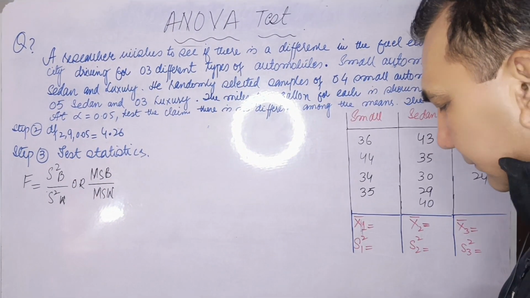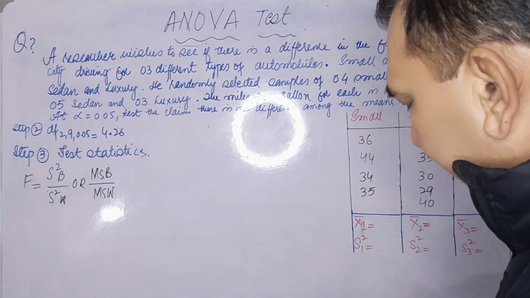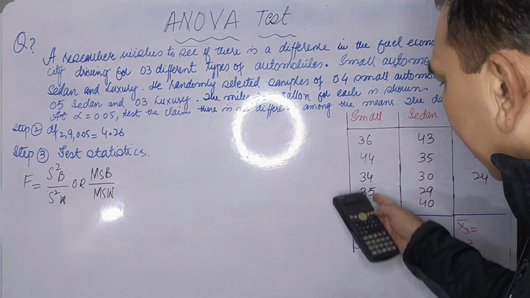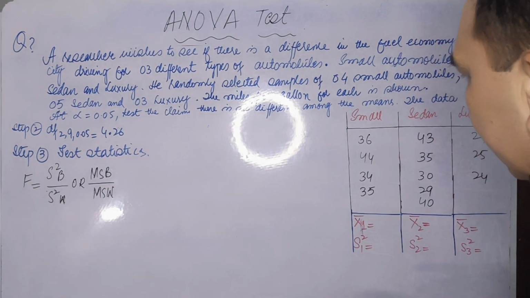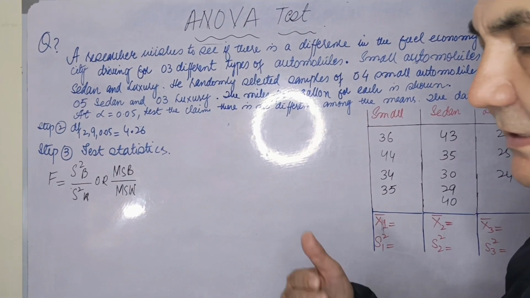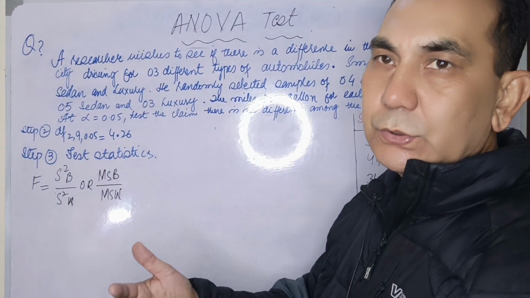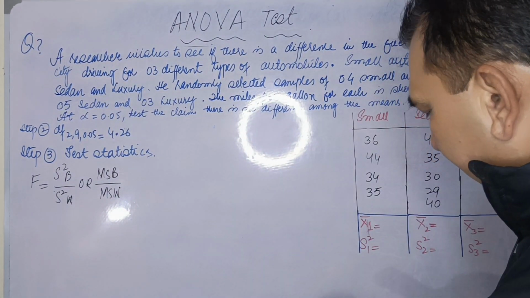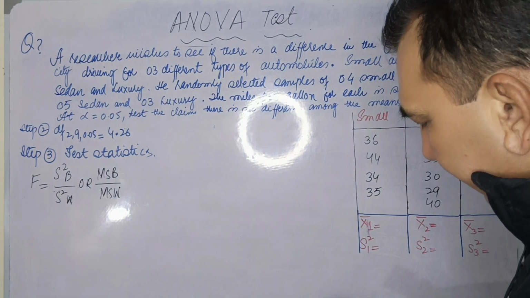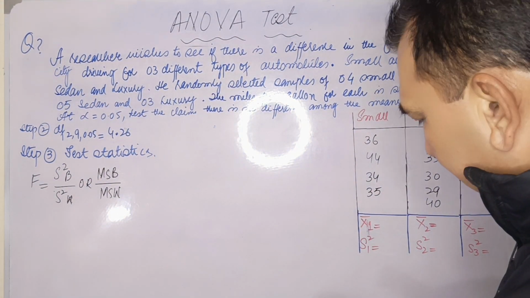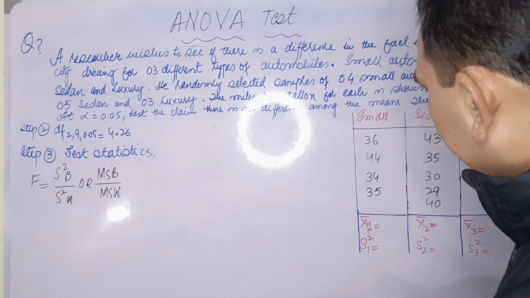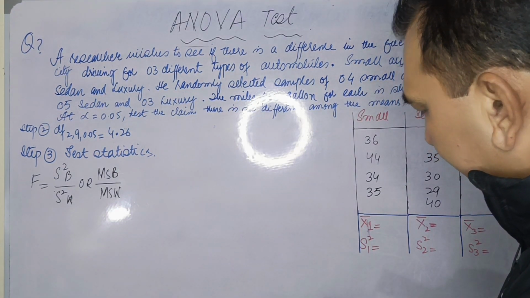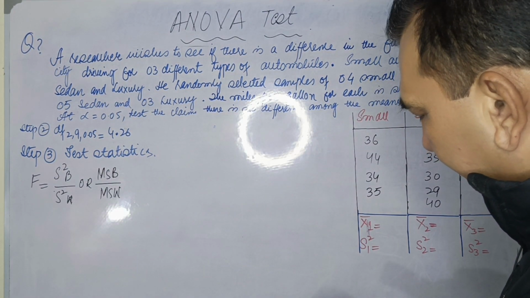Now we will solve the standard deviation and variance, as I taught you, through the calculator. So 36 M plus, 34 M plus, 34 M plus, and 35 M plus.